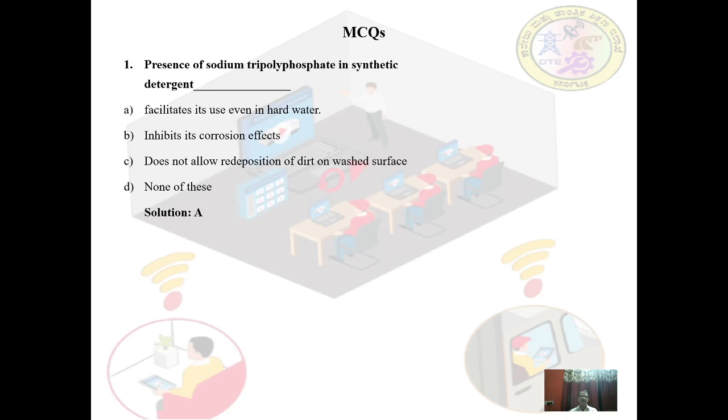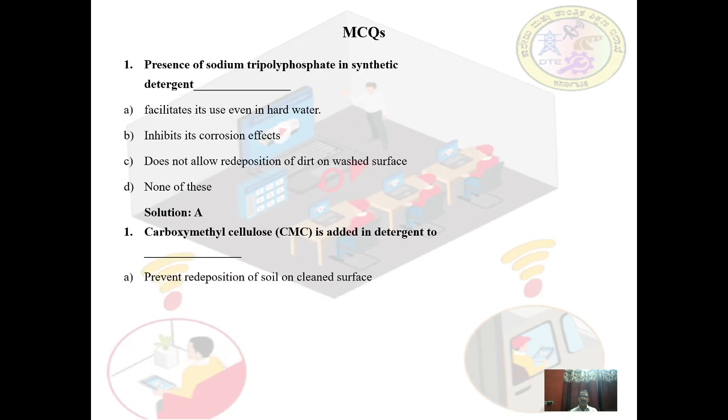Question number 2. Carboxyl methyl cellulose CMC is added in detergent to dash. Why is carboxyl methyl cellulose added in detergent? Option A. Prevent redeposition of soil on clean surface.